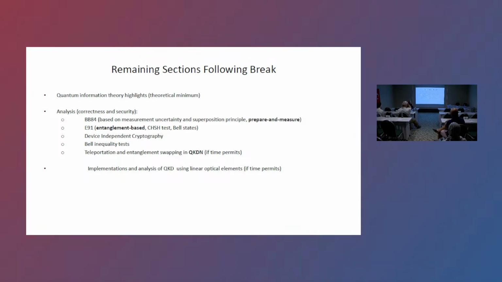For full understanding and analysis of such systems, one would have to know some quantum information theory. Using these tools, we could also analyze all the protocols we just talked about, BB84, E91, and apply CHSH tests and Bell state analysis.